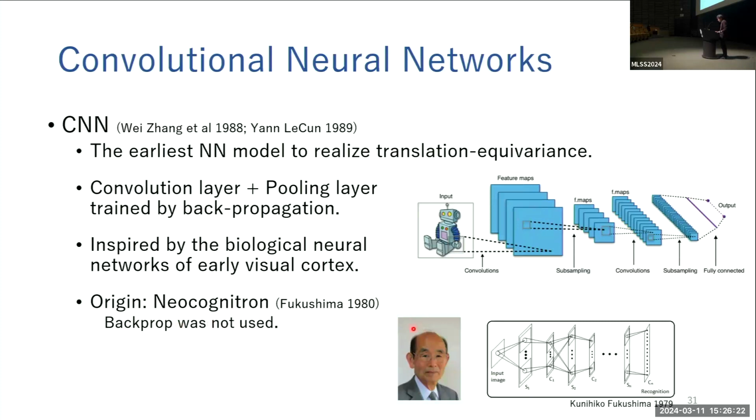This was 1979 or 80 when Fukushima proposed the neocognitron, and backpropagation came several years after this age. So the learning of the neocognitron was a little bit difficult, and practically it was hard to be competitive on recognition tasks. However, the architecture and the basic idea date back to this era of the neocognitron.